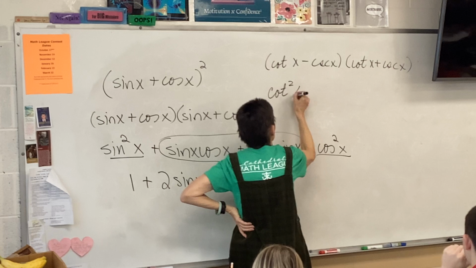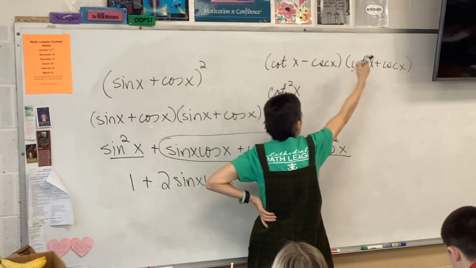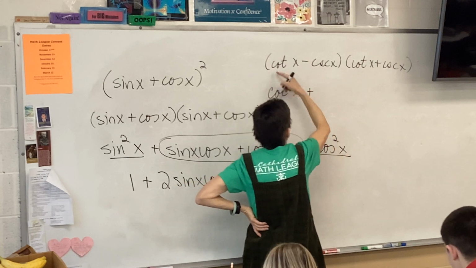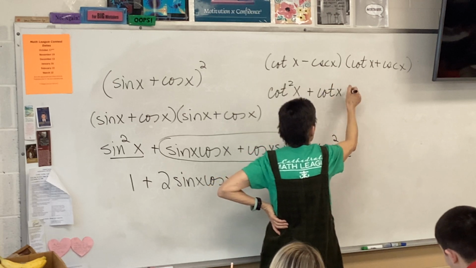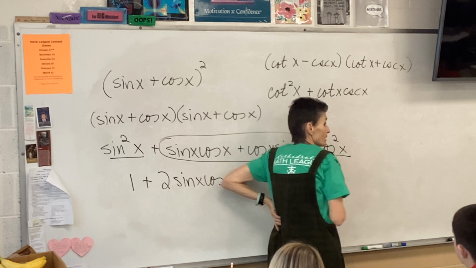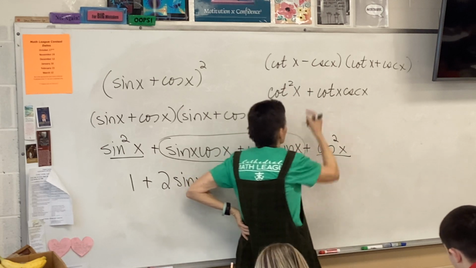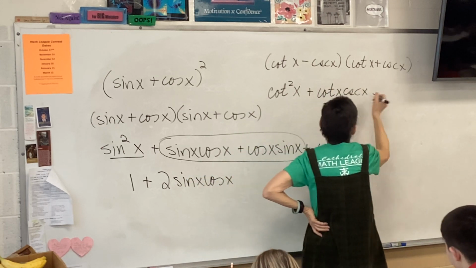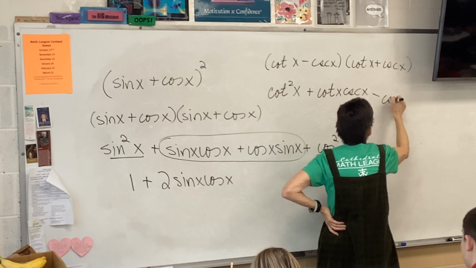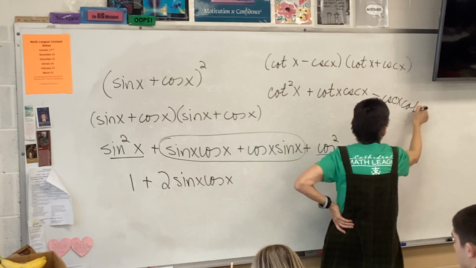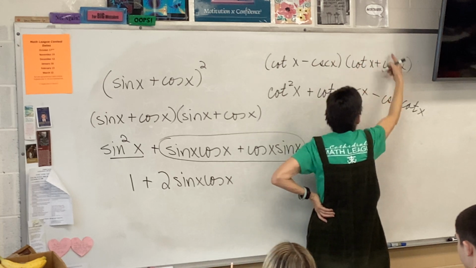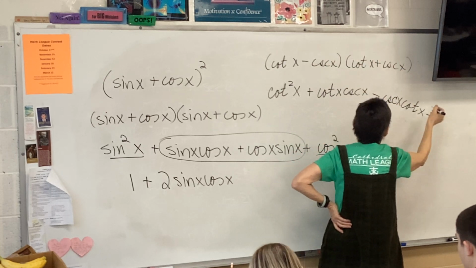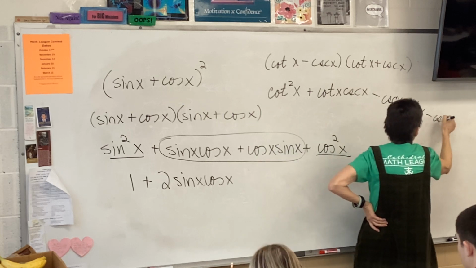Cotangent squared. Outsides. Cotangent times cosecant. Insides. Minus cosecant cotangent. And last. Minus cosecant squared.